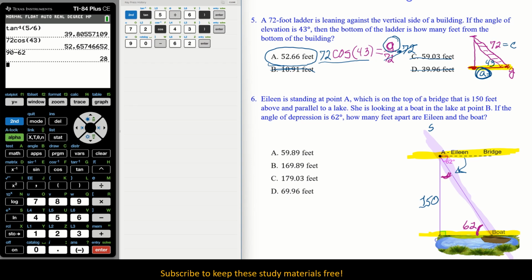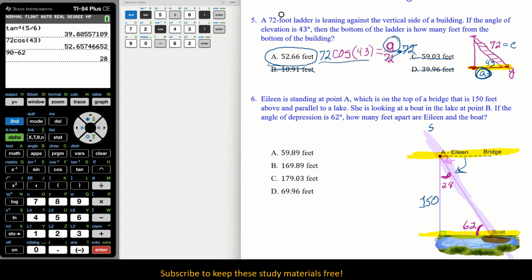Or you could say, well, either way, it doesn't matter. Either way, no matter how you want to look at it, that's 28. But I don't know if we need that, right?